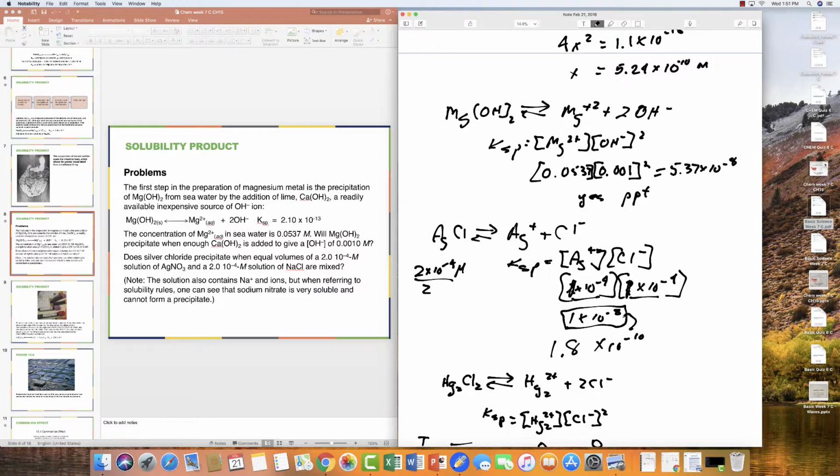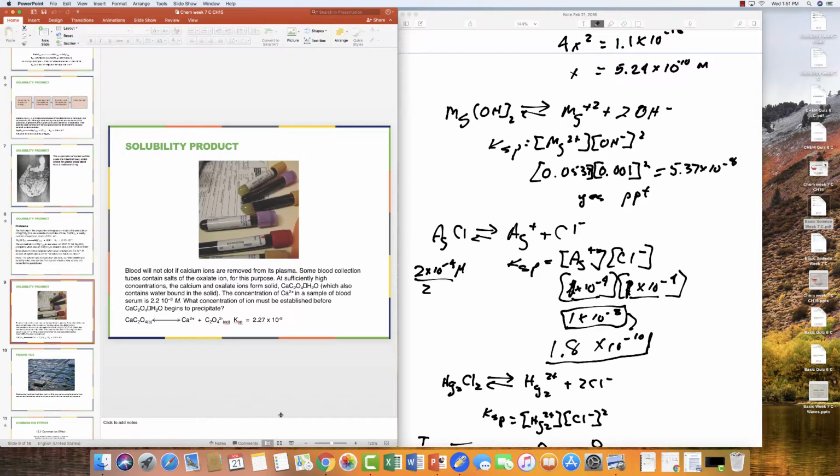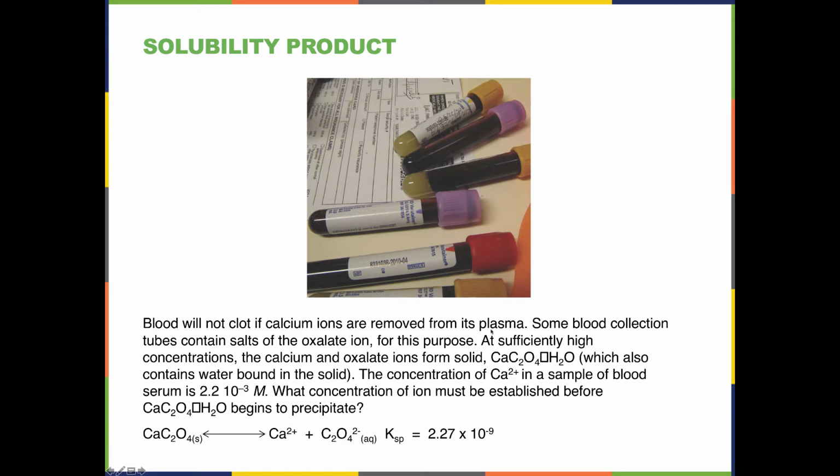You multiply that together and you get 1 times 10 to the minus 8. The solubility product, which I didn't give in the problem but I looked up, is 1.8 times 10 to the minus 10. And again, this number is 100 times greater than this number. So yes, indeed, the solution will precipitate.